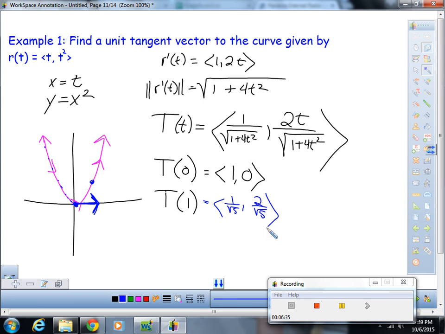Notice that that is a unit vector, and it looks like it's going to be going, if you will, twice as vertically as it is horizontally. Does that make sense? Okay? So that's pretty easy to understand what the unit tangent vector is showing us. It's when we get into the second one, the principal unit normal vector, where things are going to probably confuse you a little bit.